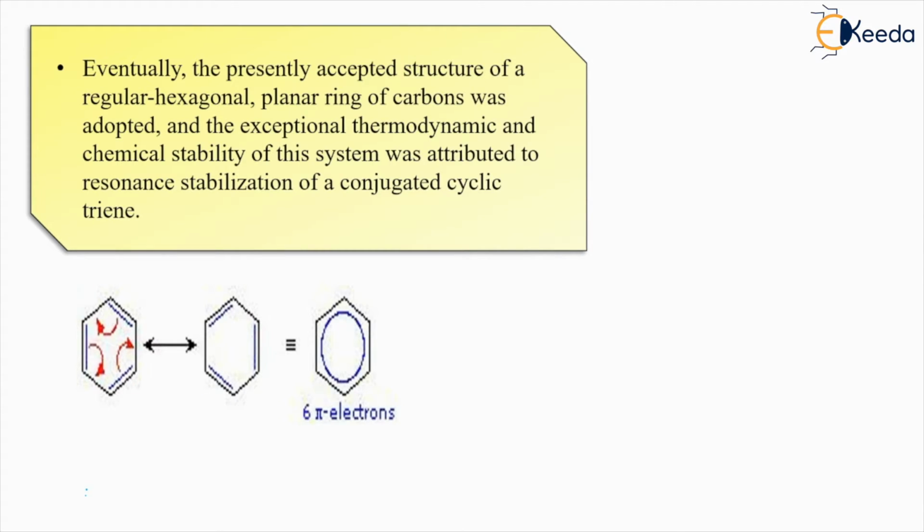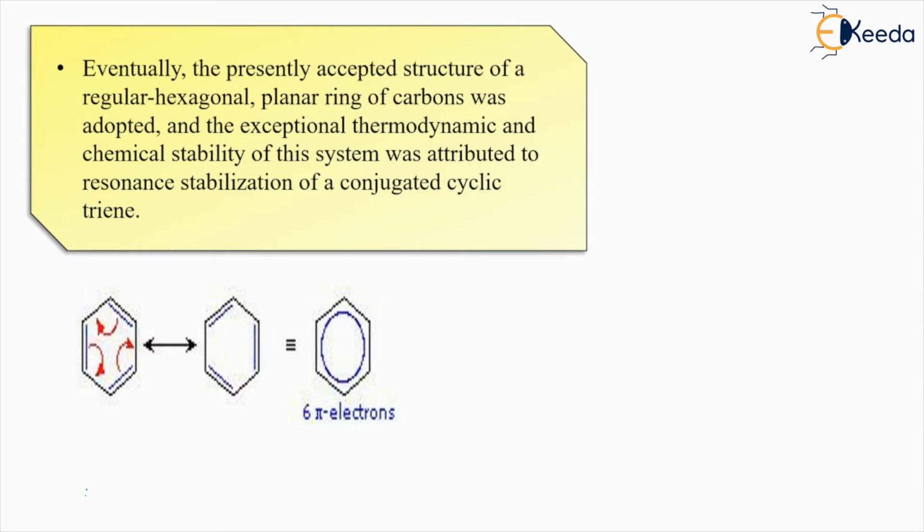Eventually, the presently accepted structure of a regular hexagonal planar ring of carbons was adopted, and the exceptional thermodynamic and chemical stability of this system was attributed to resonance stability of a conjugated cyclic triene. And this is how the benzene ring looks.